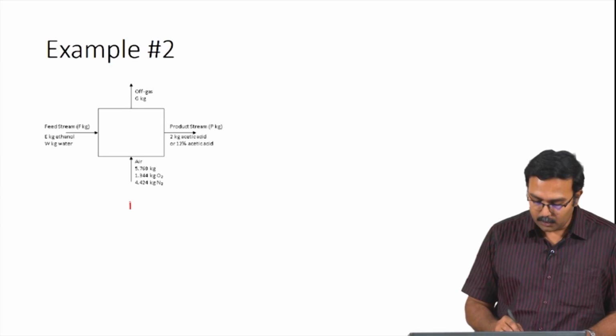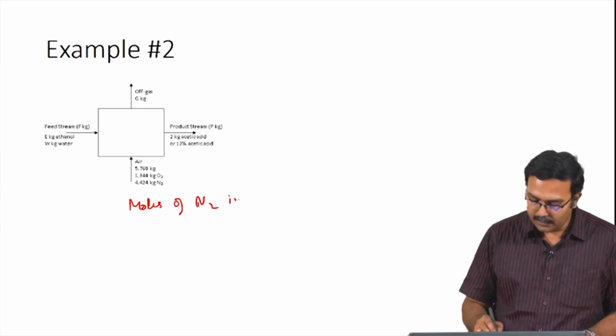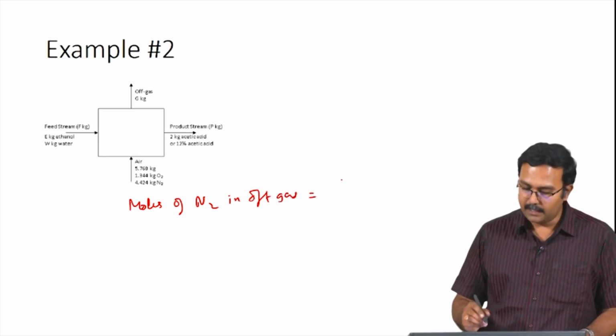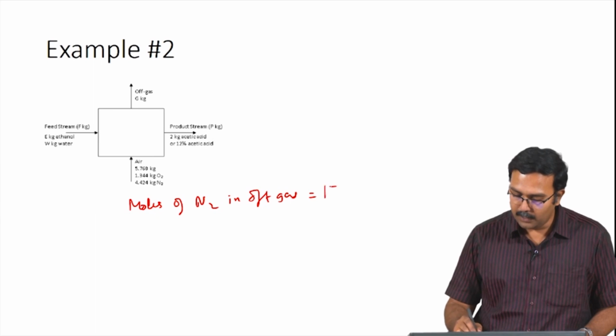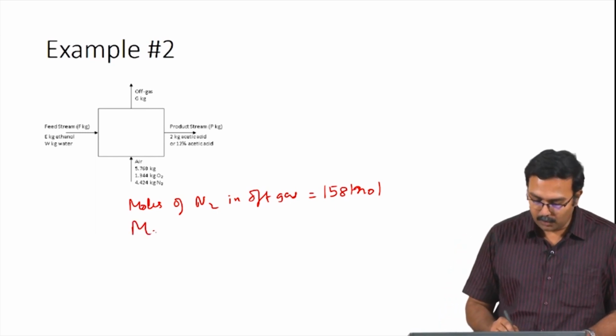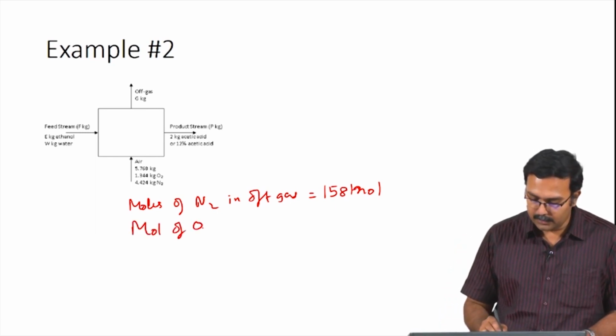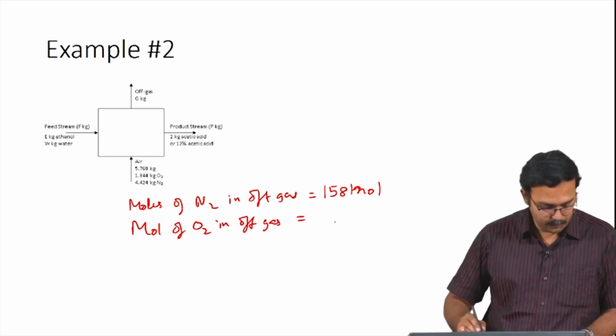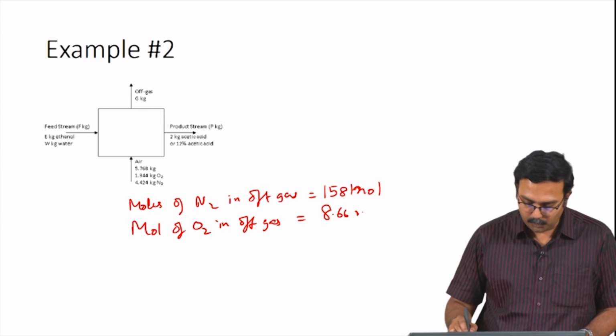and oxygen. So, moles of nitrogen in the off gas would be equal to 158 moles, and moles of oxygen in the off gas is equal to 8.66 moles.